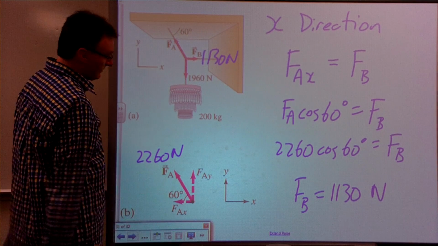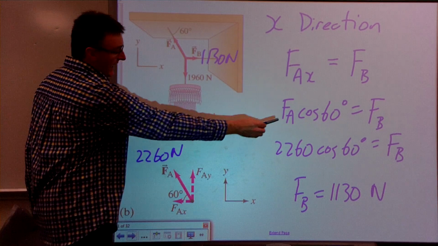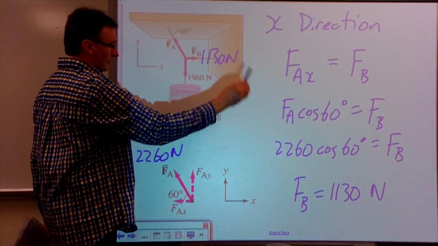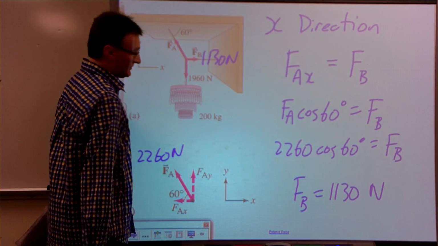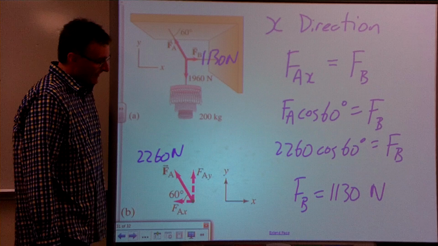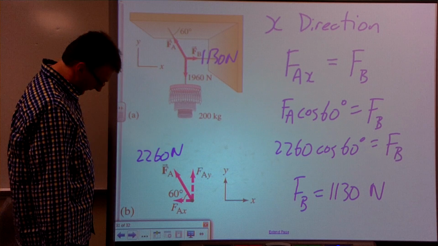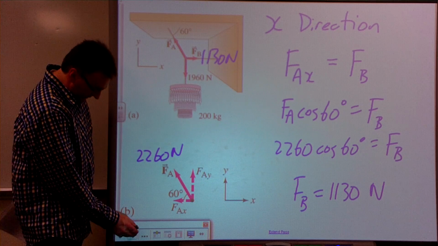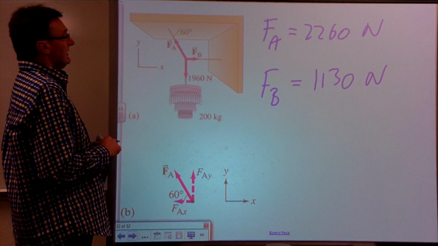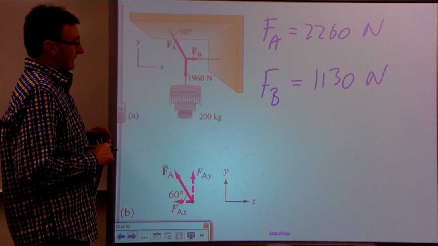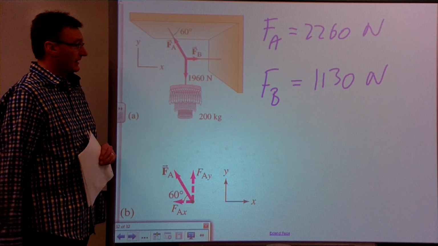Again, it's a fairly simple calculation now because we had the magnitude of force A, which we found earlier, and now just times the cos of 60 equals force B. You just do that calculation and you'll get 1130 newtons. So here's a fairly simple, straightforward static equilibrium problem.